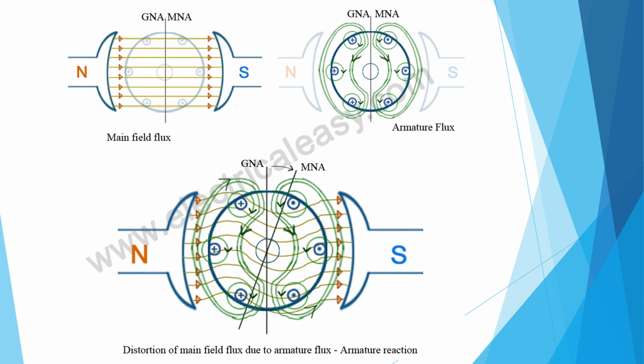So as you can see, in the first case we have main field flux because of stator winding. Second one is armature flux because of rotor winding. When current flows through the rotor winding, there is an armature flux, and because of interaction of these two, you can see there is a change in position of magnetic neutral axis.